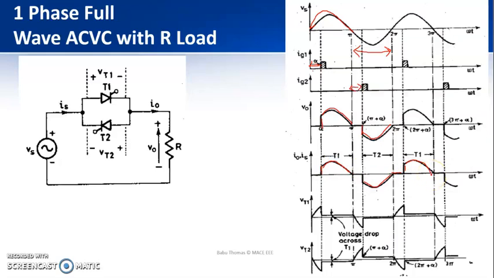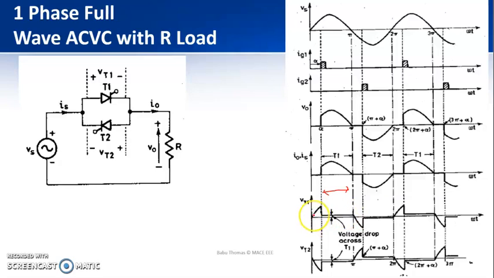Now we need to draw the voltage across thyristor T1. This is the period during which thyristor T1 is conducting. When the thyristor is conducting, the voltage across the device is a small positive voltage, from alpha to pi.